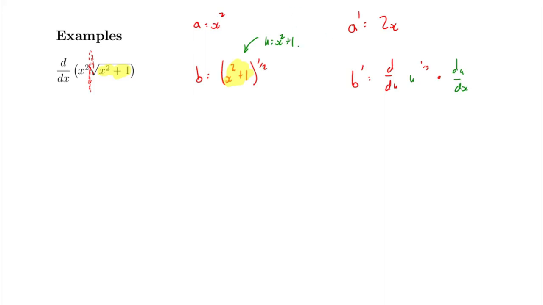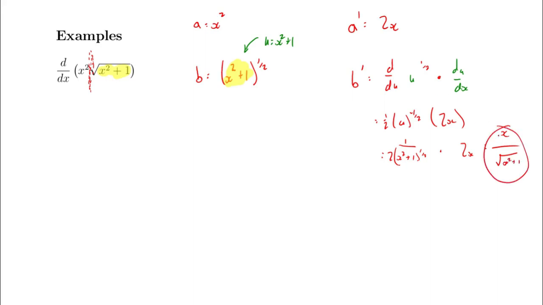All right, so that's half u to the negative half times 2x, but u is really x squared plus 1, so this is 1 over x squared plus 1 raised to the half times 2x. Oh, I forgot my 2 in the denominator. There we go. So this is really x over the square root of x squared plus 1. Whew. That's B prime.